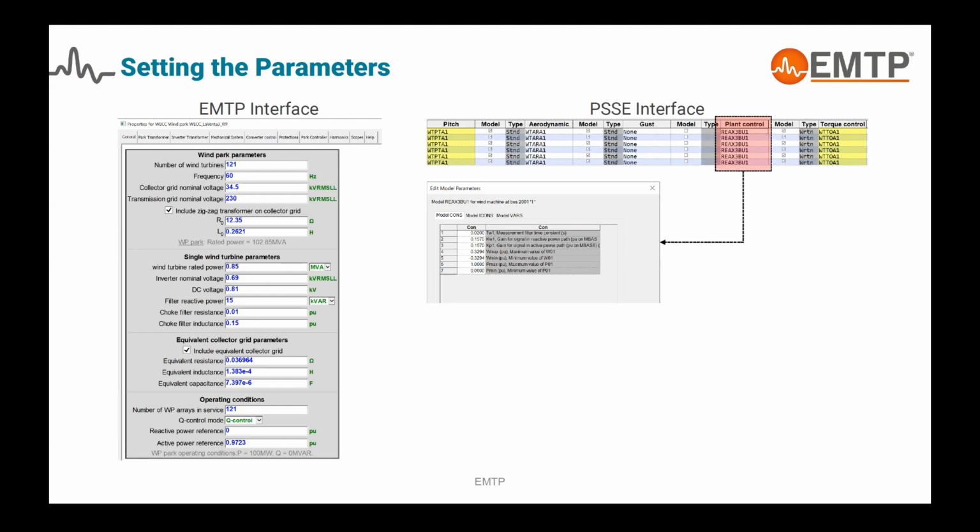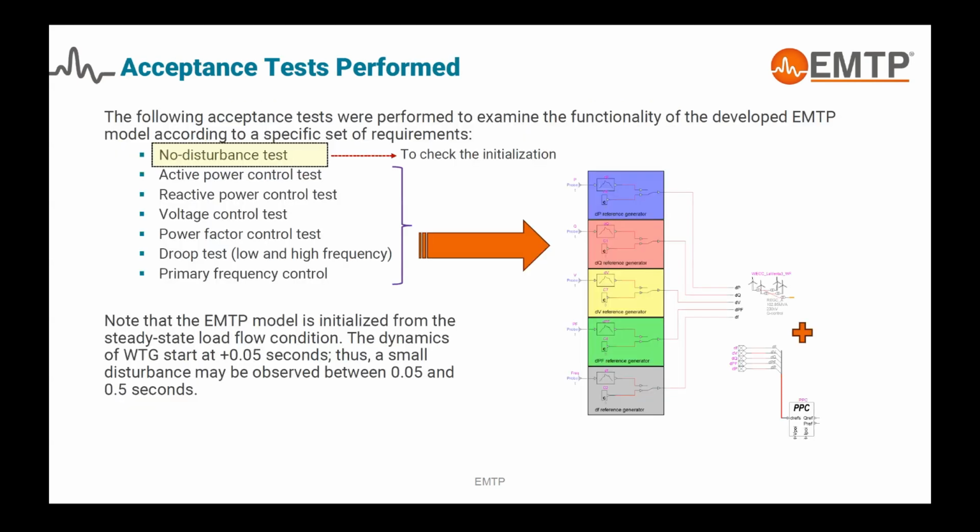You set only the load flow, and later you need to set the parameters for the dynamics. So you need to do this in different parts, right? This is not connected. And again, I'm not saying here that one is better than another, because I wouldn't say this. I think that we have different purposes for these tools. But I just want to give you an idea of how this is different, and how you can model your system in EMTP and compare with another software.